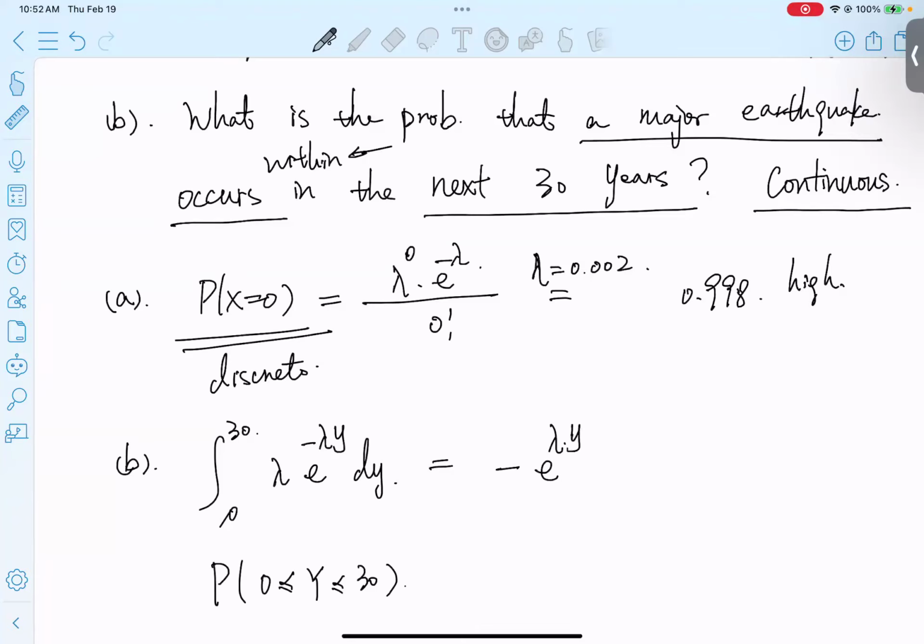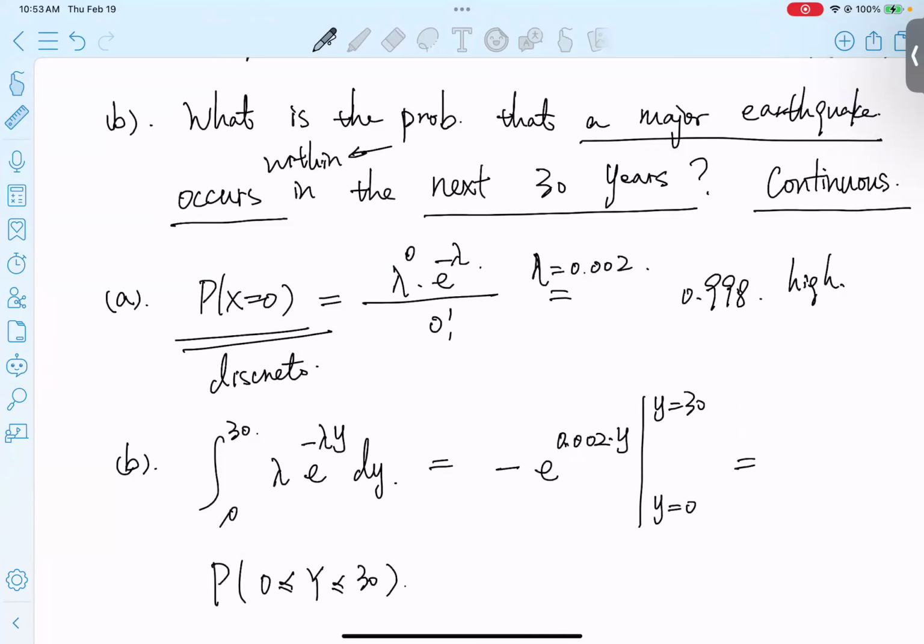And here the lambda again is 0.002 multiplying by y. And then we need to evaluate that from 0 to 30. Last time we derived this anti-derivative. I provided a formula in the last lecture.